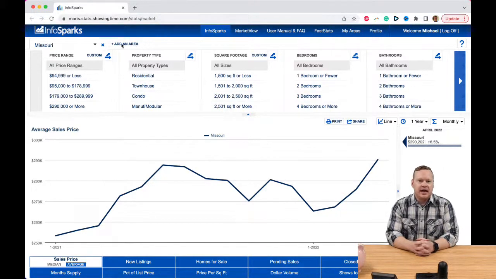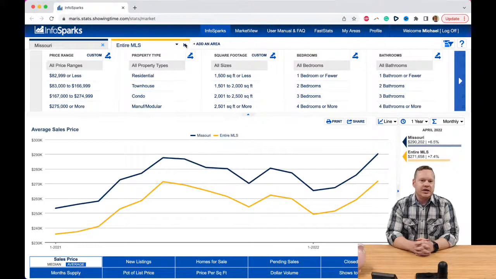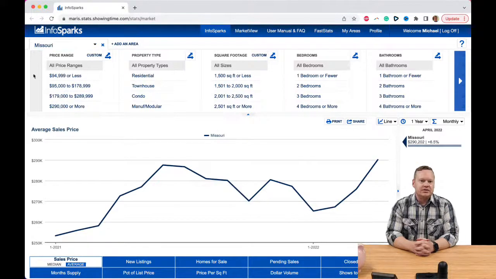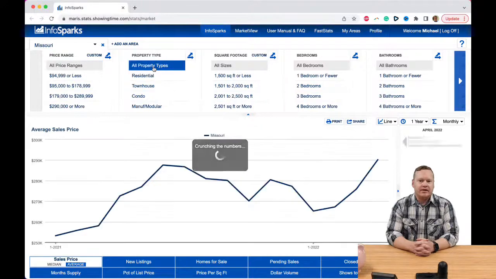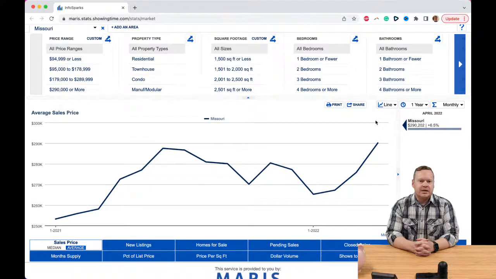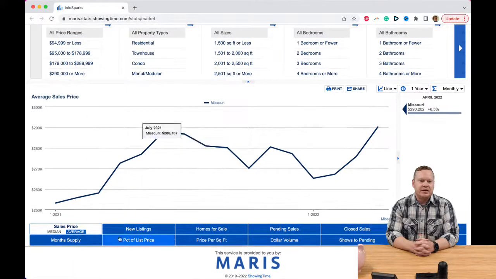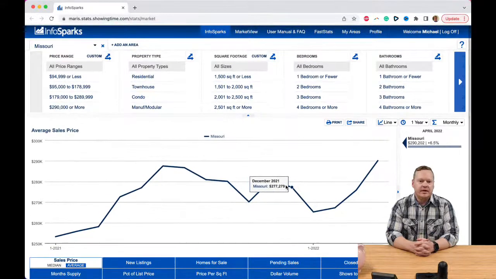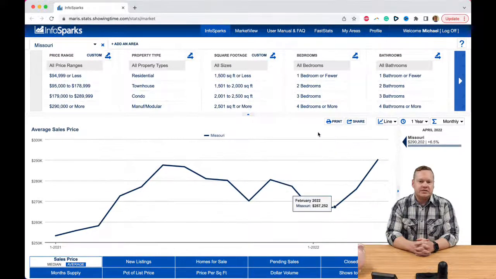Up in the top left, I can change this to look at specific areas. But we're going to look at all property types and all property ranges. Down at the bottom, you'll see the big blue bars, and right now we're looking at sale price over time, over a 1-year period. We're looking at the average sale price.